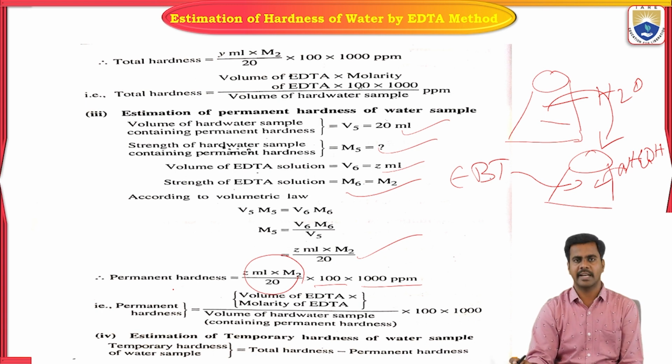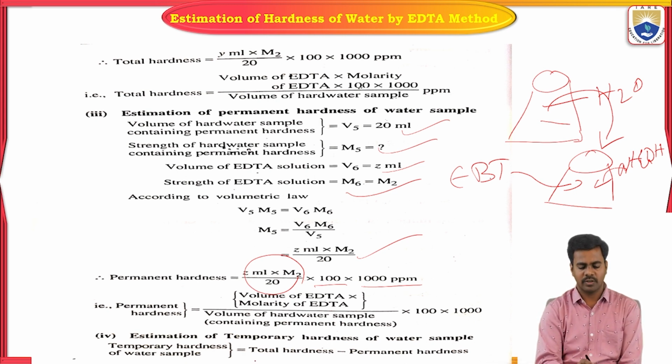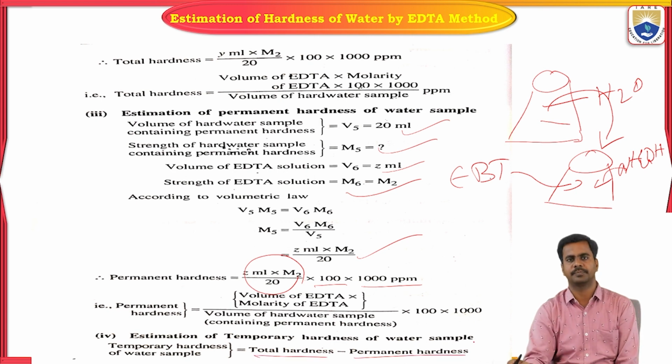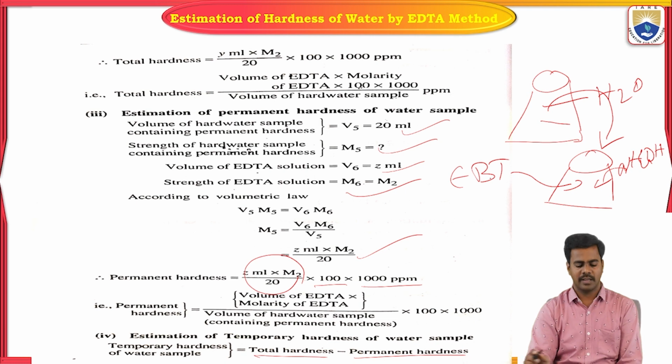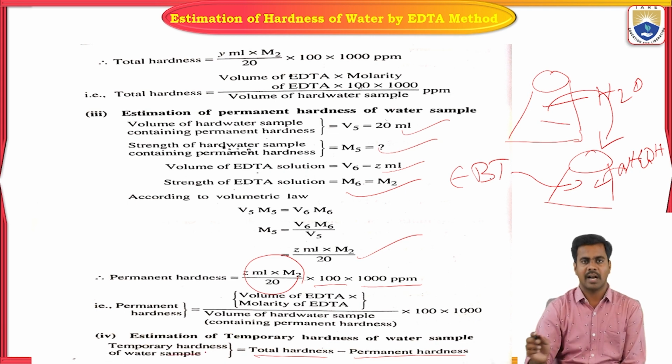If you estimate total hardness and permanent hardness, we can simply estimate how much temporary hardness is present in the water. Temporary hardness of water is equal to total hardness minus permanent hardness. We already know the total hardness, and we have already estimated the permanent hardness, so simply we can estimate the temporary hardness.